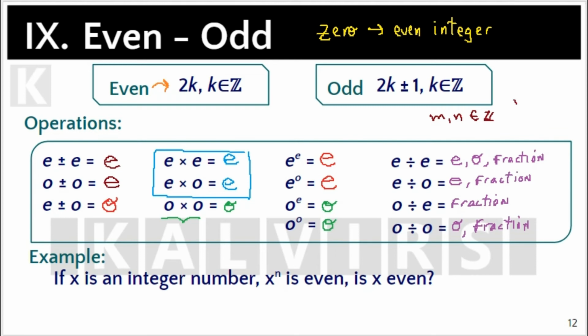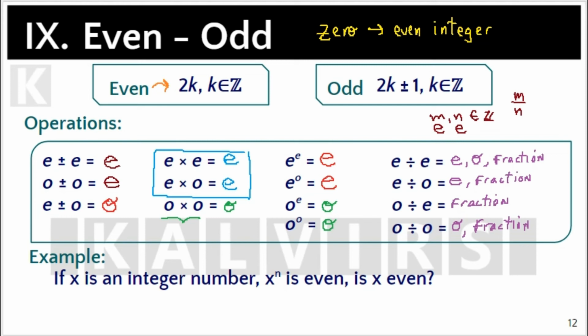Let m be an even integer, and let n be another even integer. The quotient of m over n is not possible to determine because we don't know the values.